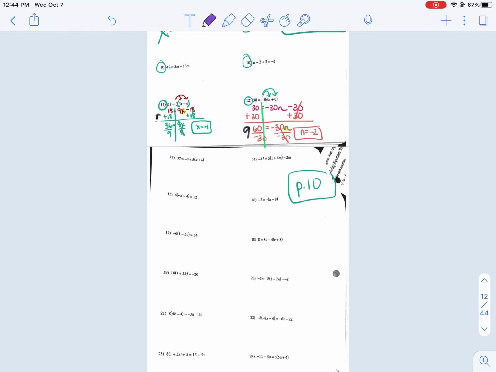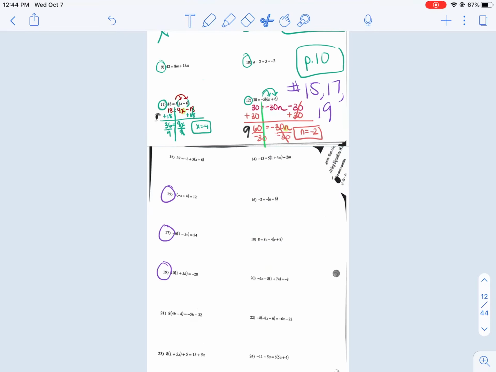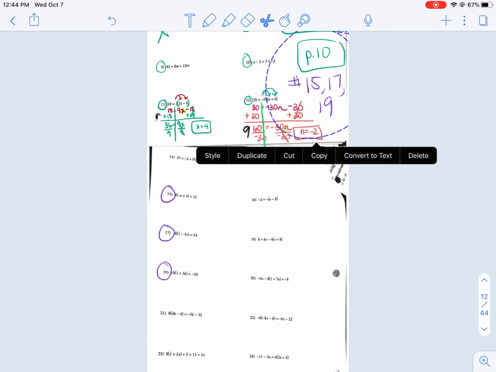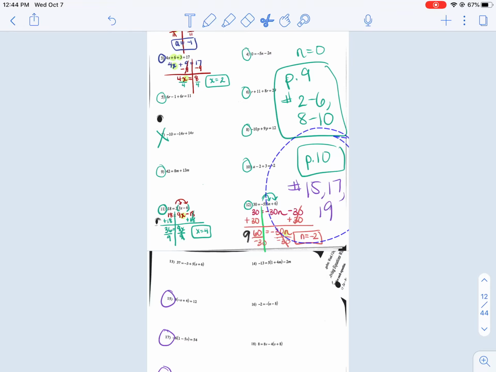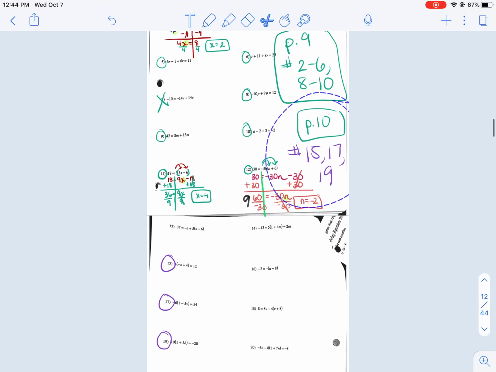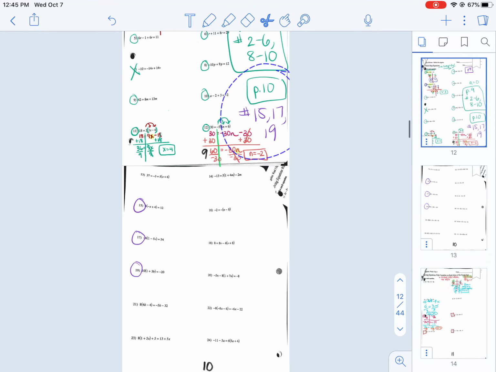Okay, if you could circle number 15, number 17, and number 19. Let me put that assignment all in one spot for you, and we will rewrite that out for you. I think it's nice to have it written all out in a line, so let me add a page here. If you want to take a picture, you can.